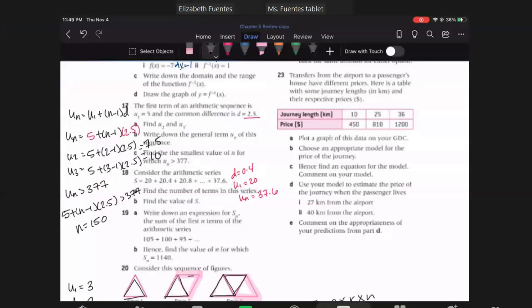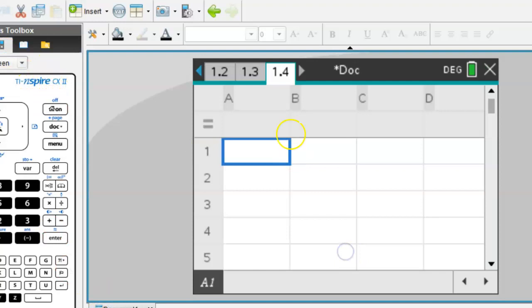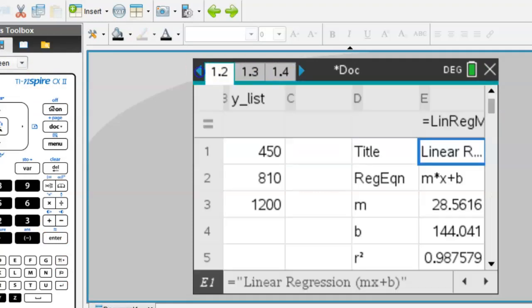Choose an appropriate model for the price of this journey. I chose a linear regression model. You can always tell, it's probably been a while since you've done this, or actually you might not have done it, depends on your class. Let me go back to my spreadsheet. And this was my 1.2 spreadsheet. R squared. R squared value basically tells you how well your model matches the data points.